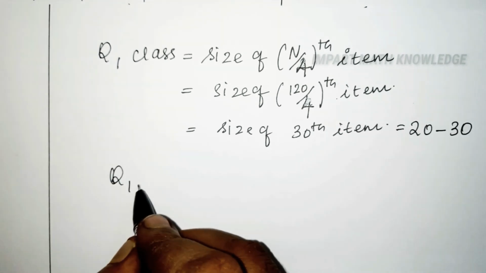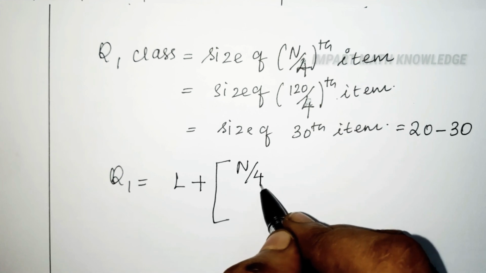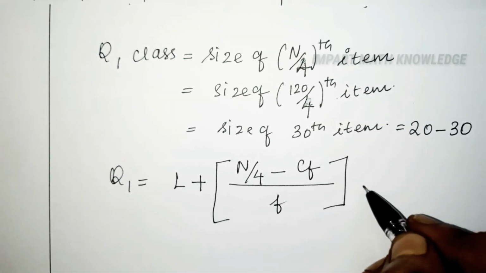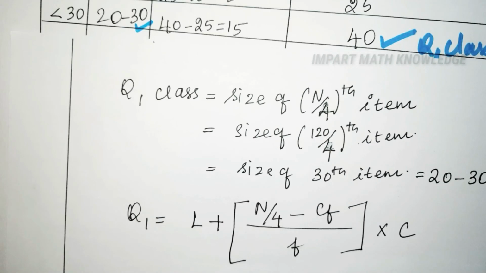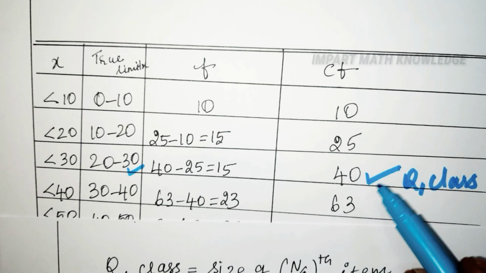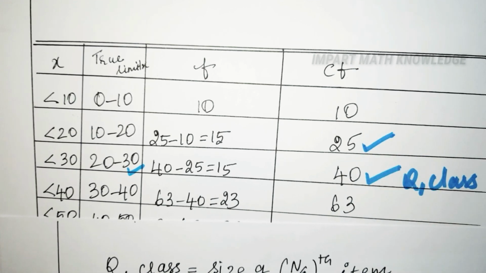Now Q1 is equal to L plus (N by 4 minus CF) divided by F into C. L is the lower limit of the Q1 class, that is 20. N by 4 is nothing but 30. CF is the cumulative frequency preceding the Q1 class, that is 25. F is the frequency in the Q1 class, that is 15.